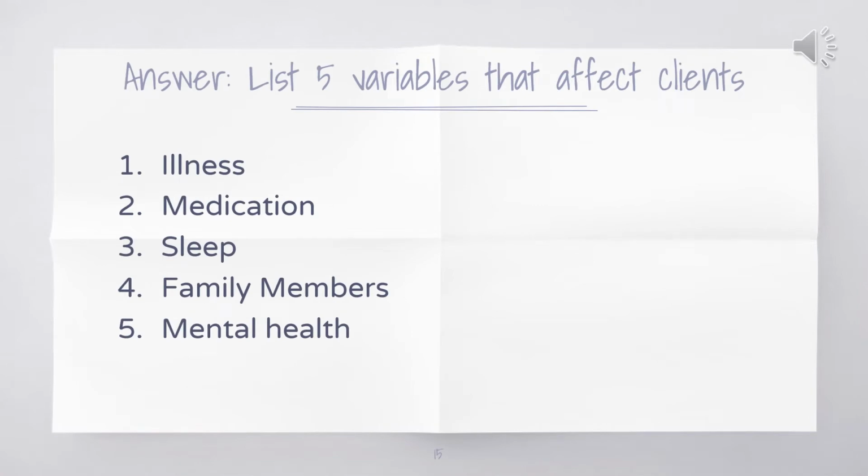The answer to the previous question is 1, illness, 2, medication, 3, sleep, 4, family members, and 5, mental health. On your homework sheet, fill in this answer. I'll now give you some time to get that filled in.